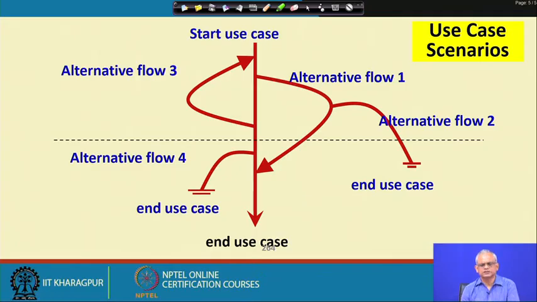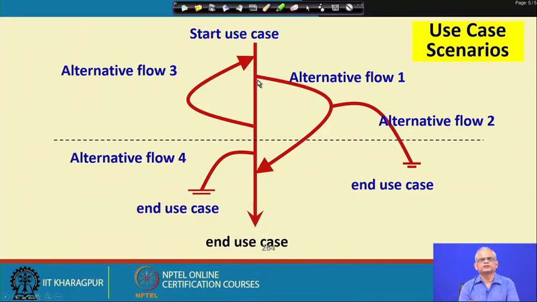From our discussion on scenarios, which we had during the object oriented discussion on object oriented design, we know that a use case consists of many scenarios. One is called the main scenario, and then we have the alternate scenarios.